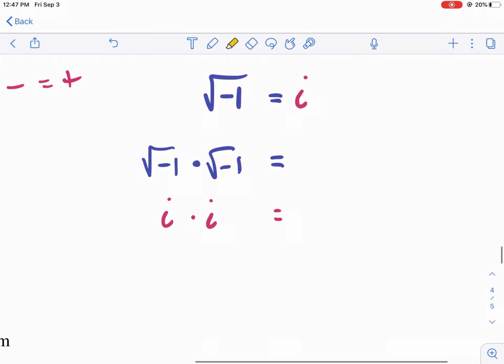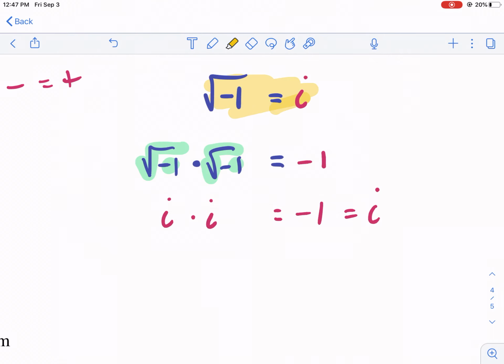Or we could recognize that if we have a square root times itself, that's going to equal just whatever's underneath the radical. So in this case, it's negative 1. The square root of negative 1 times the square root of negative 1 is going to give us negative 1. i squared is going to be equal to negative 1. So that's really the breakdown of what we need.